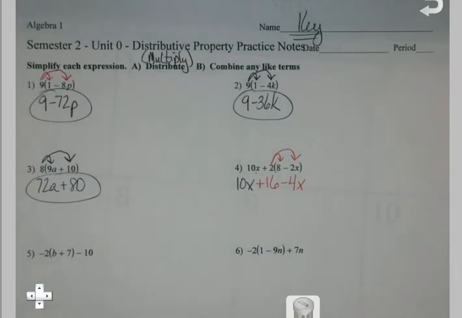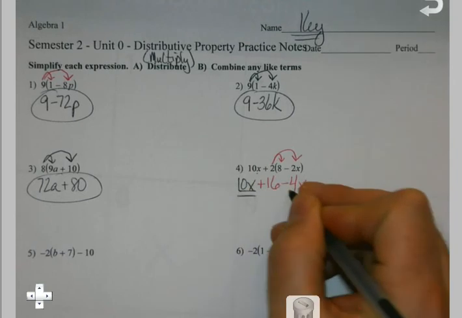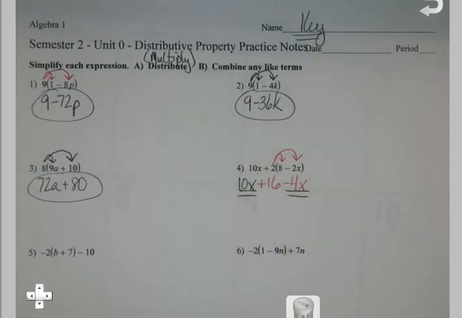But this time, I'm not quite done right away. There's one more thing I can do. Now the question is, what's the one more thing? So what can I put together? Okay, 10x and negative 4x. And sometimes we mistake the word combine for add or make bigger every time. And that's not necessarily true. I've got to watch the signs.